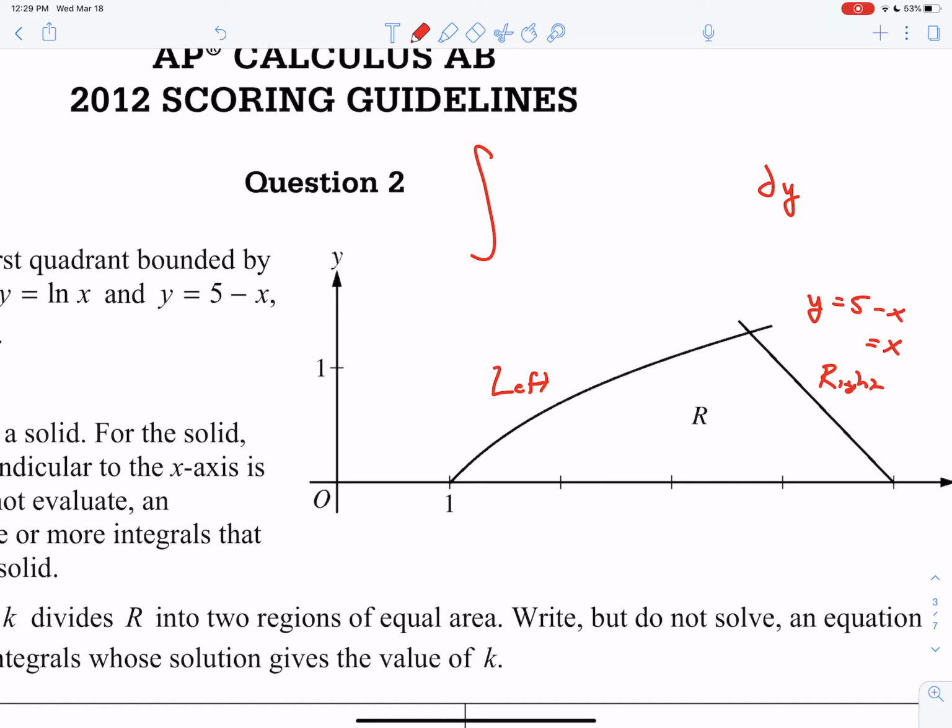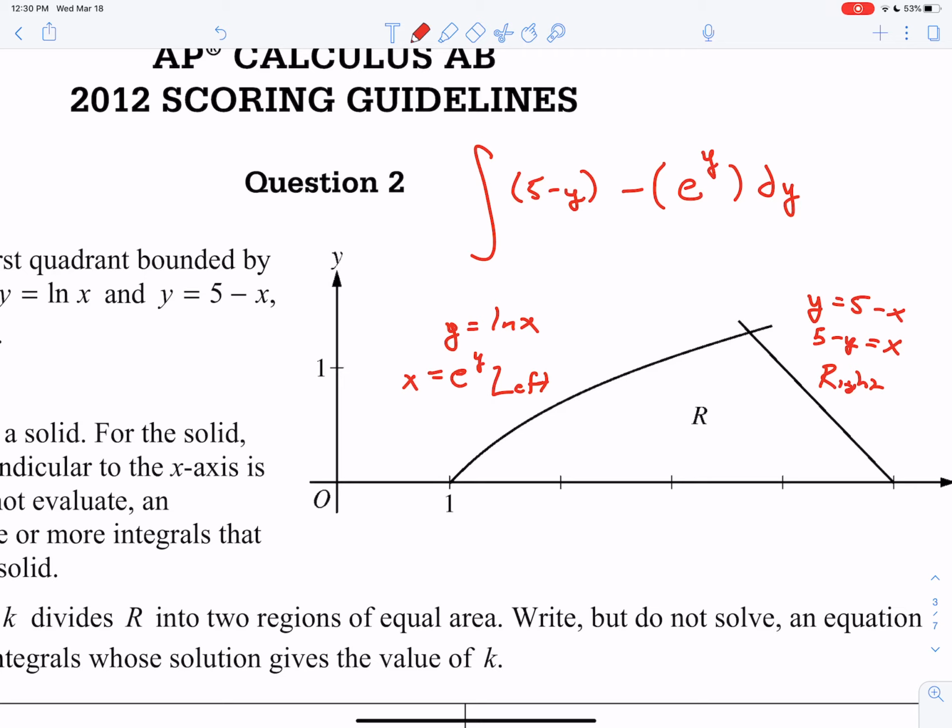In this case, x here is going to equal 5 minus y if you manipulate it. So that's going to be 5 minus y minus your left function. Now, your left function is actually y equals the natural log of x, but if you solve for x, it's really just e to the y.